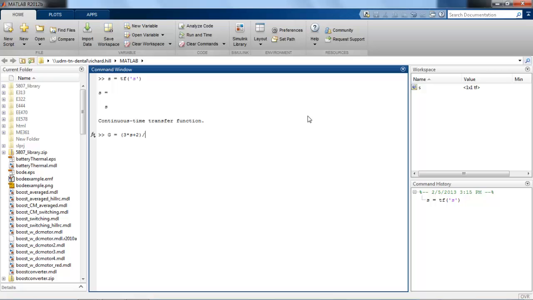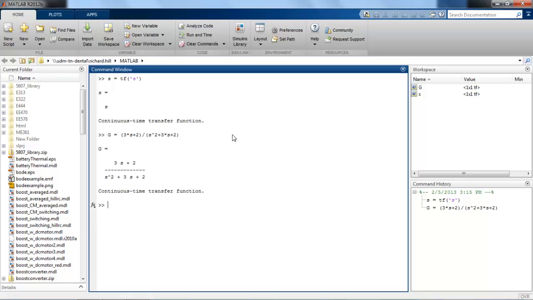And then the denominator we show with division as a slash was s squared plus 3 times s plus 2. Exponents are defined using the caret, or this little hat. Hitting enter, we've defined a Laplace function g.